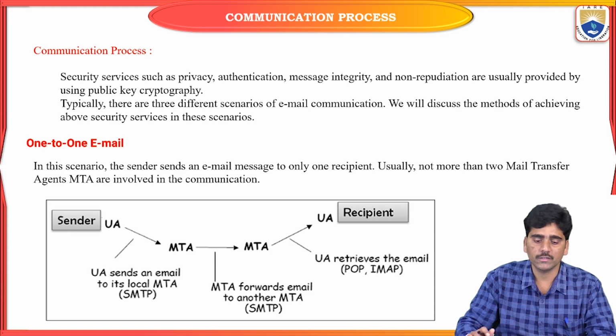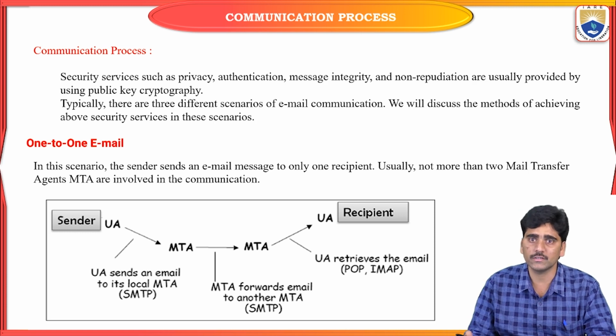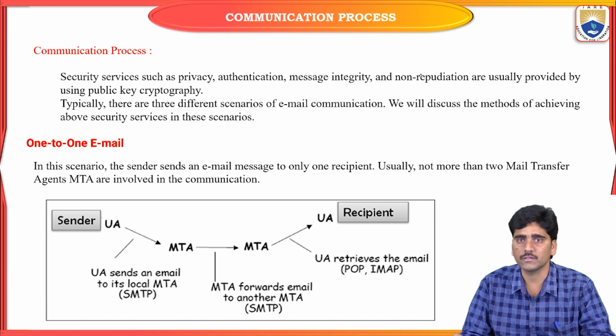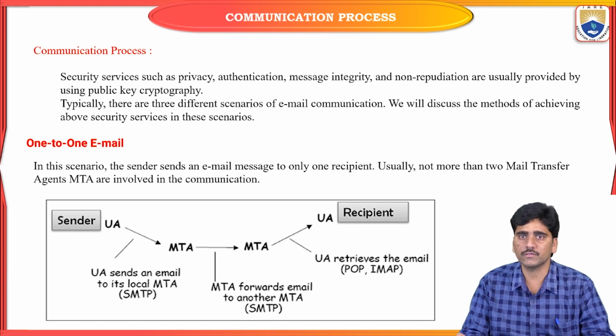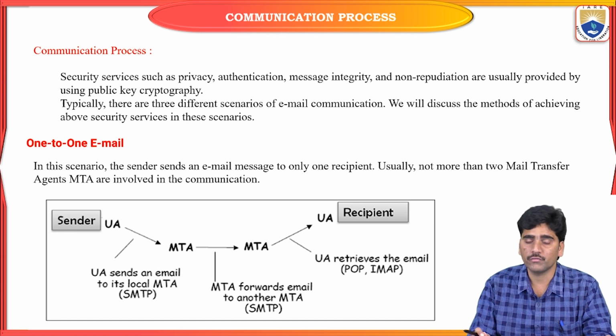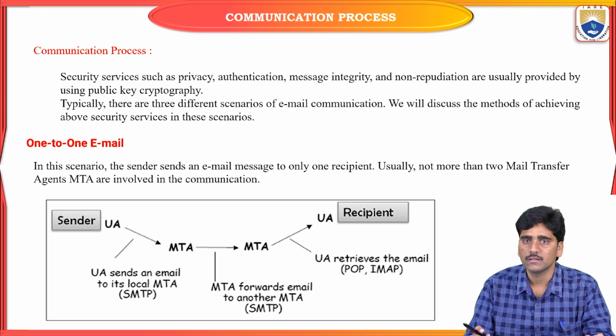The communication process has security services such as privacy, authentication, message integrity and non-repudiation. So these are all security services. Privacy is one type of security service: we need to send the data as confidentially as possible. Authentication means the sender and receiver both are authenticated.